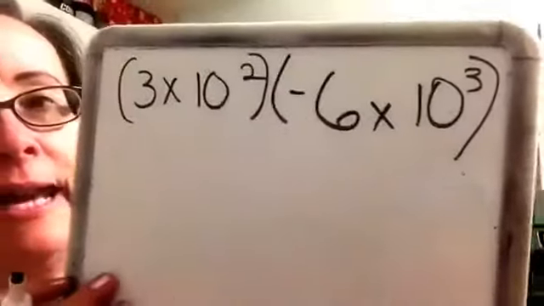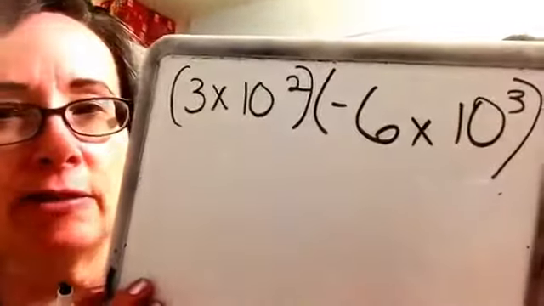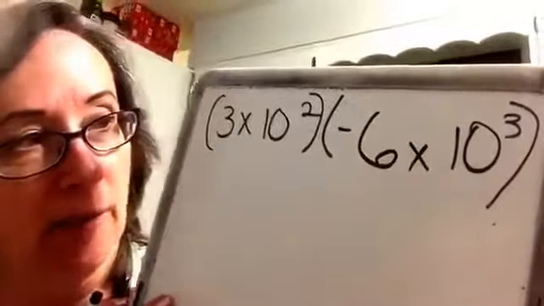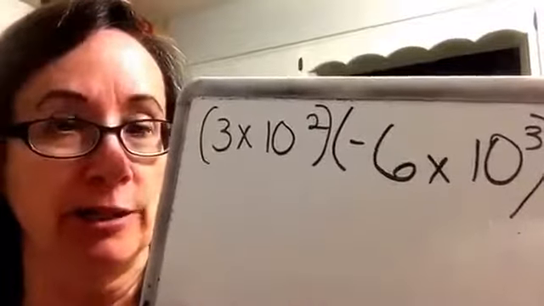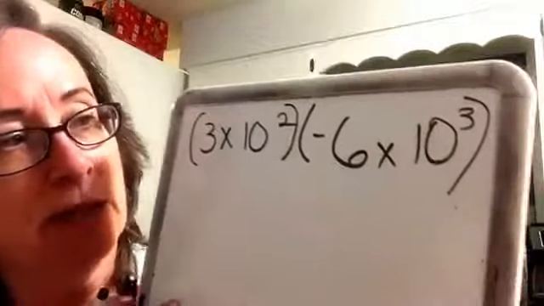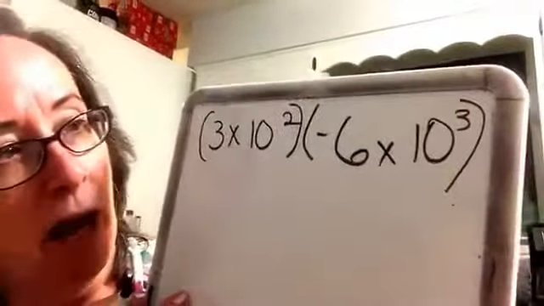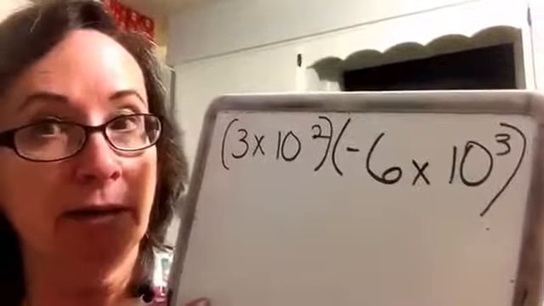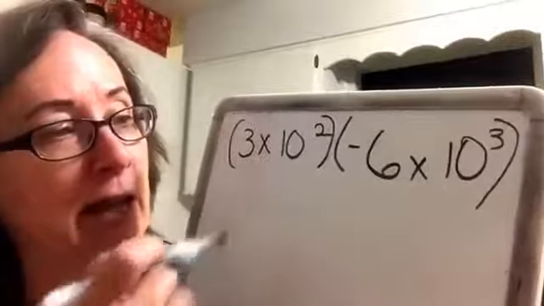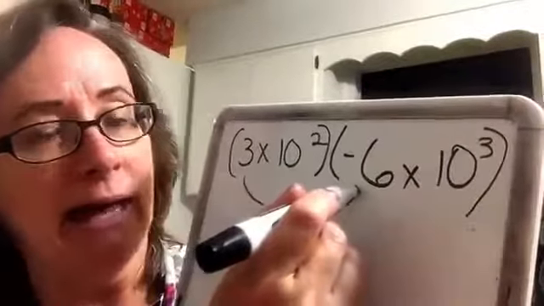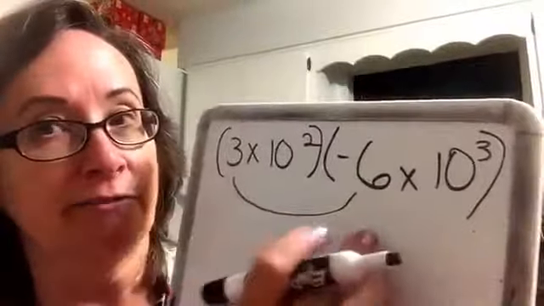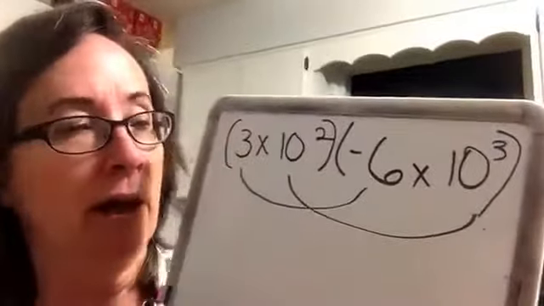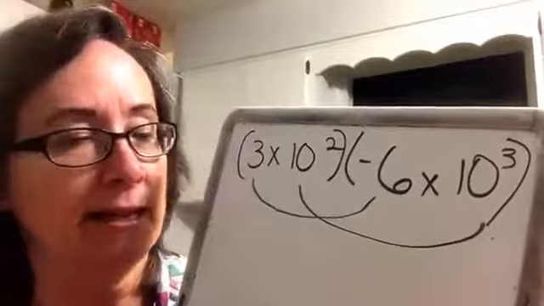Okay, we're now just talking about how scientific notation can make some operations, multiplication and division operations, easier to do. So here I have 2 numbers in scientific notation, and because of the commutative property of multiplication, I can multiply my constants on the front together, and then I can multiply my 2 bases of 10 together.